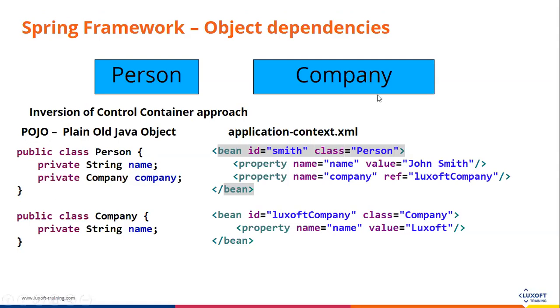The Spring framework will understand that into its container, it has to create a bean, Smith, belonging to this class person, and it has to create a bean, Luxoft company, belonging to this class company. It will have to configure this class person and to inject here, you see property name company references Luxoft company, the dependency between person and company. But we do not clutter our code with these dependencies any longer.